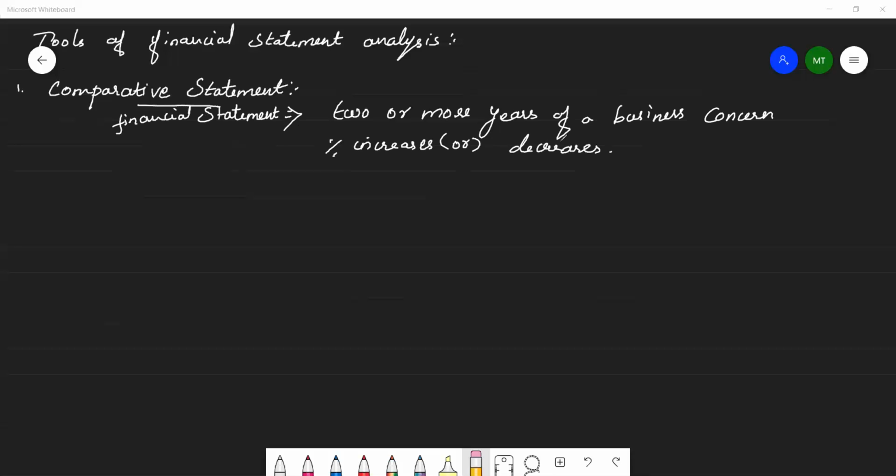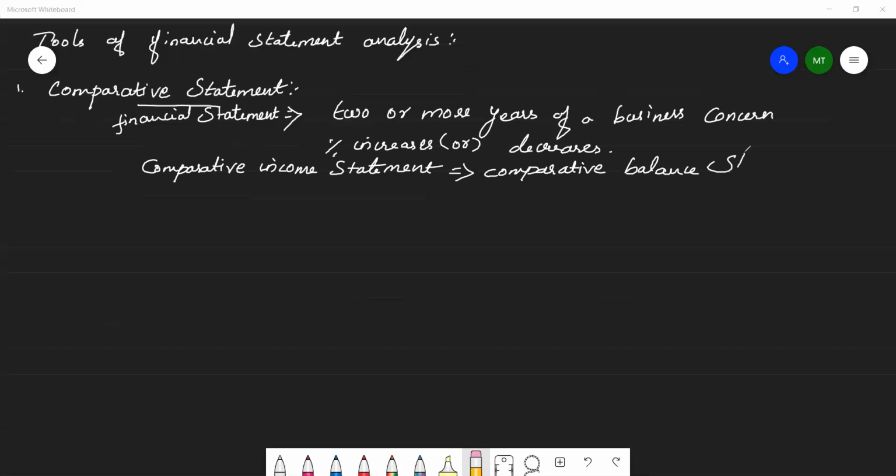Okay. So the two basic comparative statement prepared are comparative income statement and comparative balance sheet. So comparative income statement அப்படின்னு சொல்லலாம், அல்லது comparative balance sheet அப்படின்னு சொல்லலாம்.